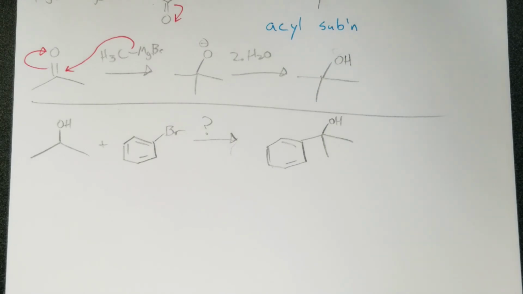When you're connecting two molecules like that, the first thing you want to do is recognize which half came from what molecule, and then identify how you can get a nucleophile-electrophile thing happening. That's how they're always going to connect: one is the nucleophile, the other is the electrophile. How do they come together? That's what you've got to figure out. Probably the Grignard.